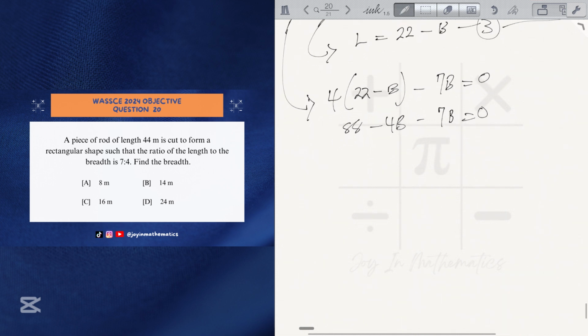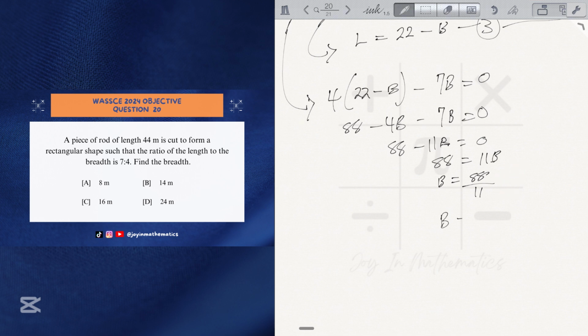Simplifying further, we have 88 minus 11B is equal to 0. So 88 is equal to 11B, because 11B moves to the right-hand side. B will be equal to 88 divided by 11, dividing both sides by 11, and B is equal to 8.